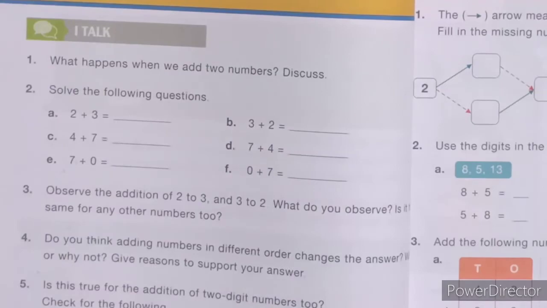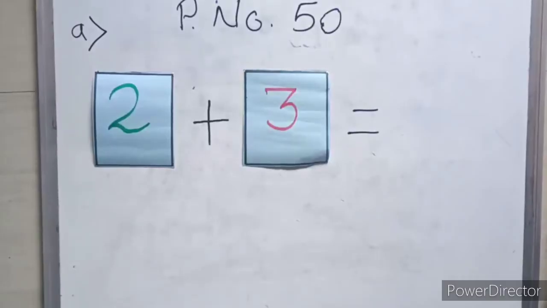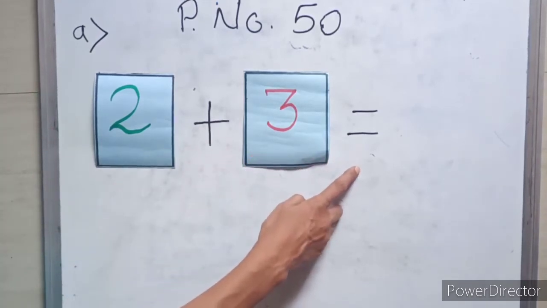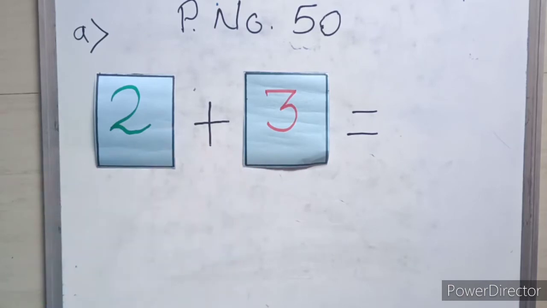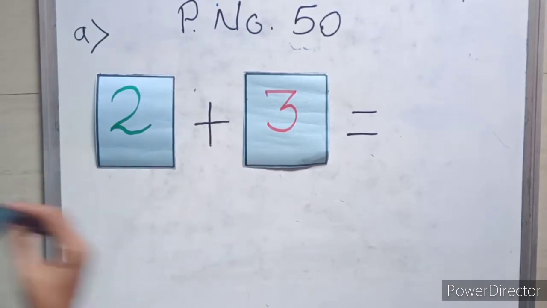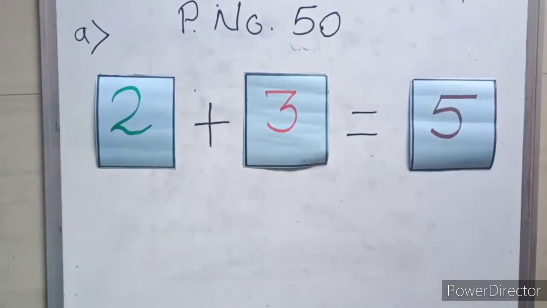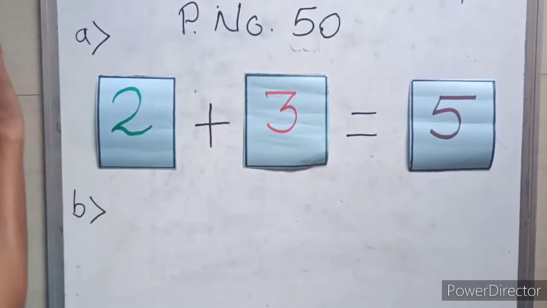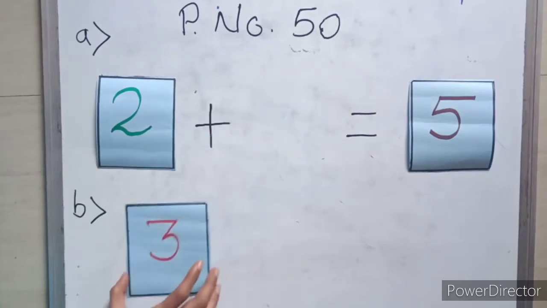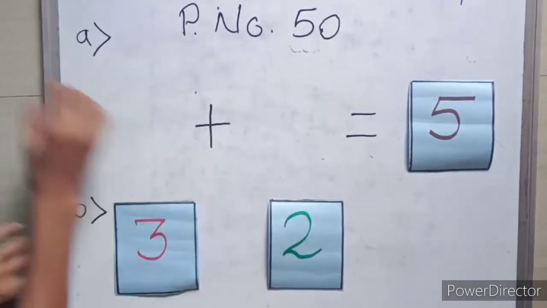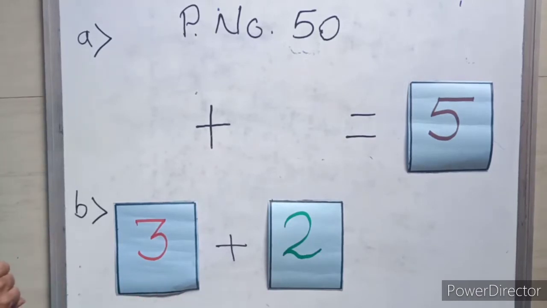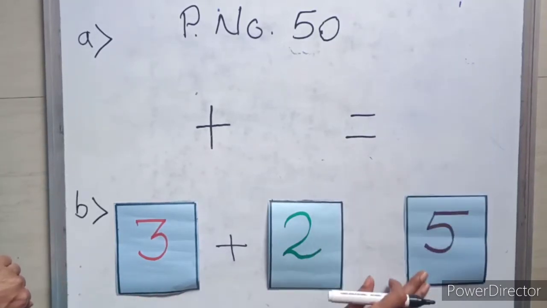So, we will see this. See question 2, A is there, 2 plus 3 is equal to, if we add this 2 and 3, we get the answer 5. And the B question is, 3 plus 2, the answer again comes 5 only.